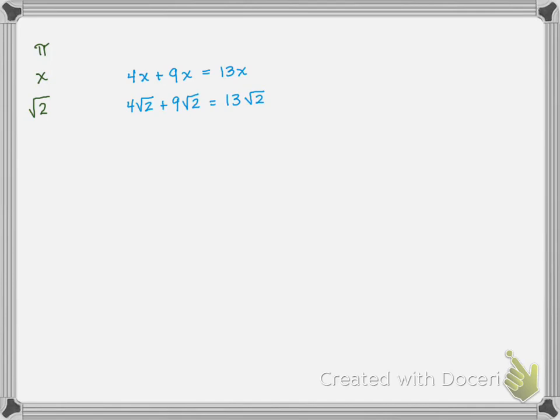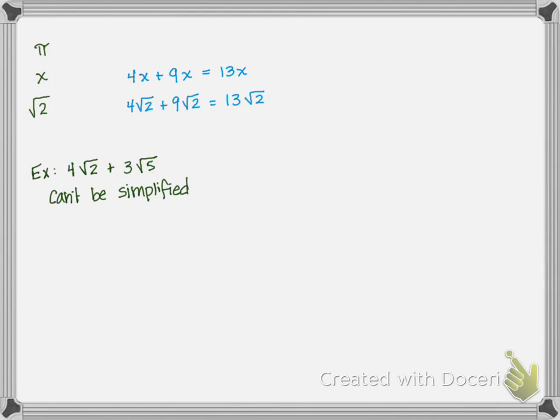So if I have 4 root 2 plus 3 times the square root of 5, this cannot be simplified. We can't simplify the individual terms because 2 and 5 can't be factored.